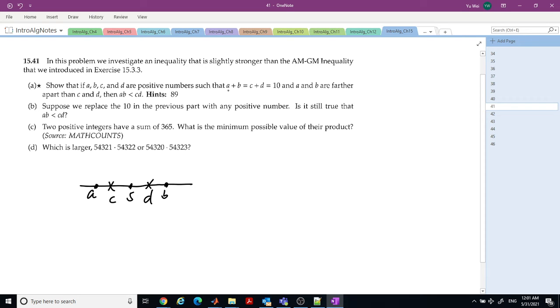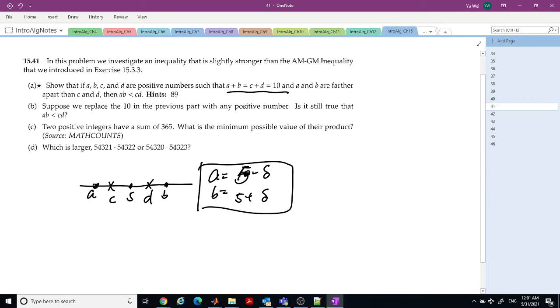You can see how we can get the 10, right? If A is equal to 5 minus delta, then B must be equal to 5 plus delta, right? So if A and B are further away, it just diverges more from the center of 5, while C and D are closer.